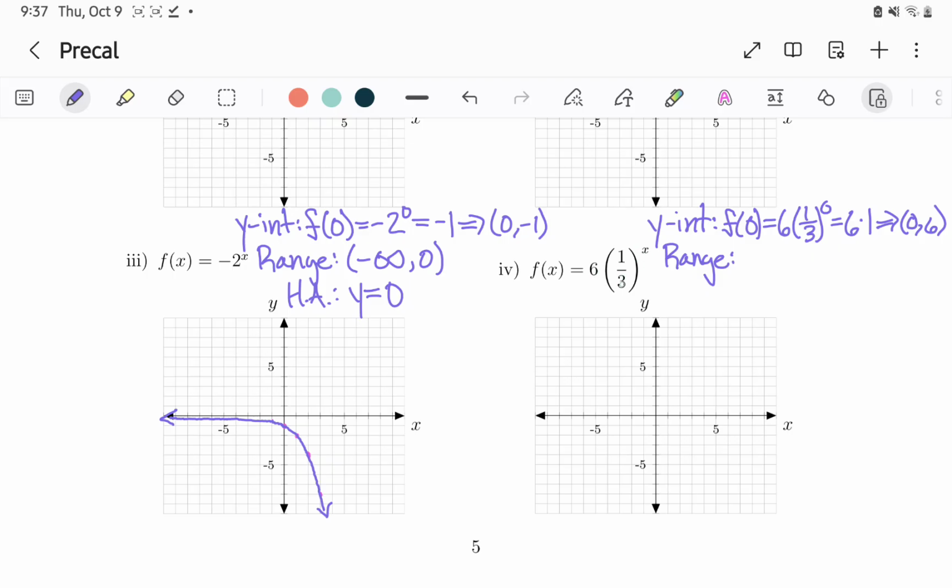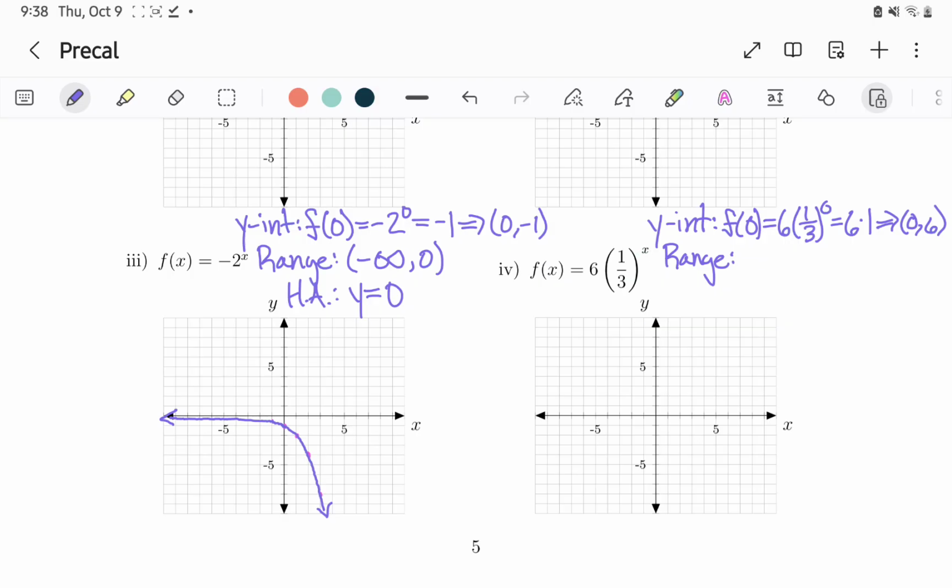So we'll have 6 times 3, which is going to be 18. And then when x is -2, we will have 1/3 to the -2, which is the same as 3 squared, which is 9, and then times 6 is going to give us 54. And so we can see that the values of the function are blowing up to infinity as x goes to minus infinity.